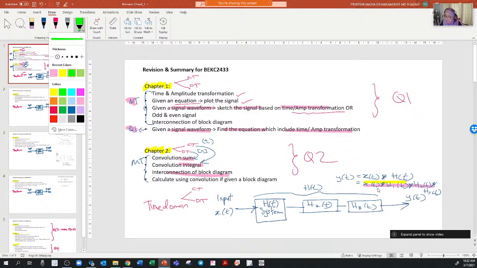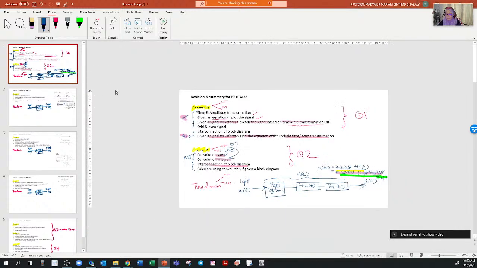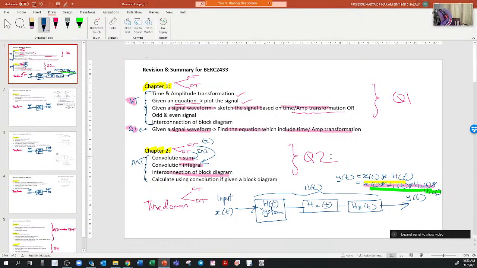And next you have the whole thing here convolve with this one. Maybe it's a bit confusing, so I'm going to draw that out again. I will write it like this, x(t). You already convolved with h1(t), so I'm just going to rub that off.